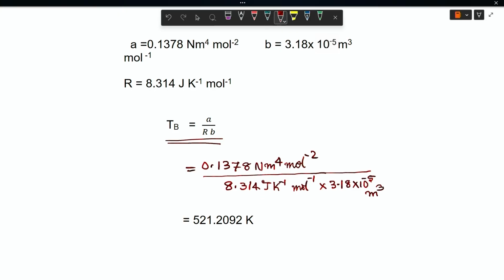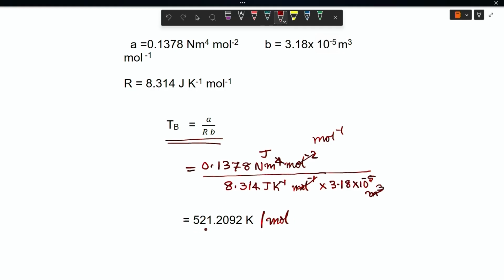Now, newtons per meter square get cancelled, then mole raised to minus 2 here gets cancelled with this, we will get it as mole raised to minus 1, then meter cube goes here, it becomes newtons per meter and that becomes joules, then newtons meter, and then this is a Kelvin here, so much Kelvin per mole, that will be the unit.